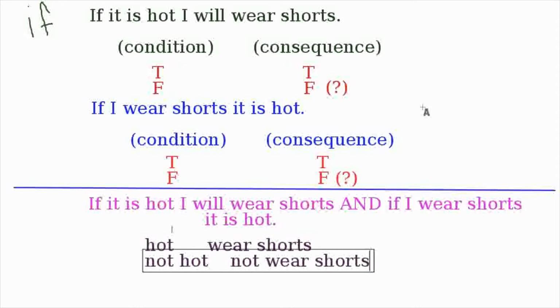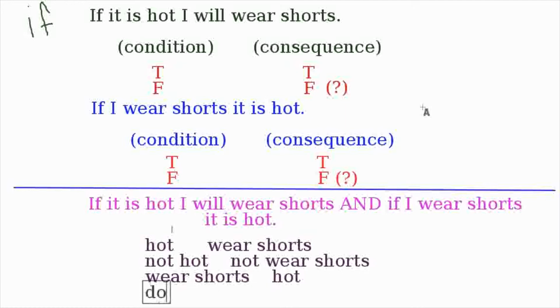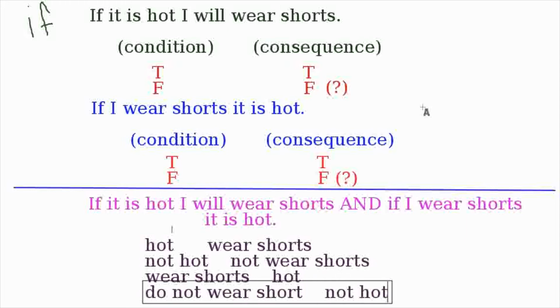If it's not hot, we are not wearing shorts. If it's hot, we are wearing shorts. So this time there's no question mark. You see how we got both of them covered? Okay. Likewise, if we wear shorts, then it's hot. If we do not wear shorts, then for sure it's not hot. Okay. So this one there's no doubt because we've specified it in both directions. All right.